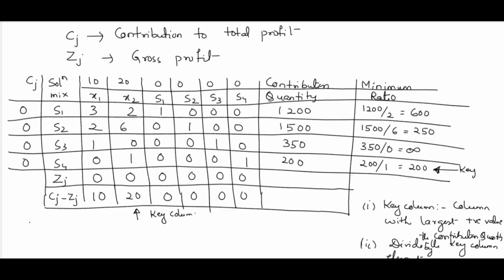Where the key row and key column intersect, you circle that part. This is for S4, and it corresponds to your x2 decision variable, and it shows that S4 will be replaced by x2 in the matrix. And so we will divide all the values by the intersection element. This is known as the intersection element, 1.